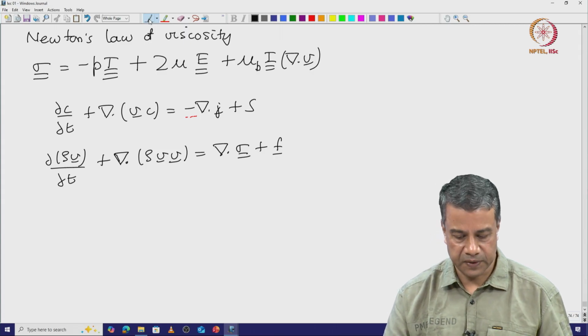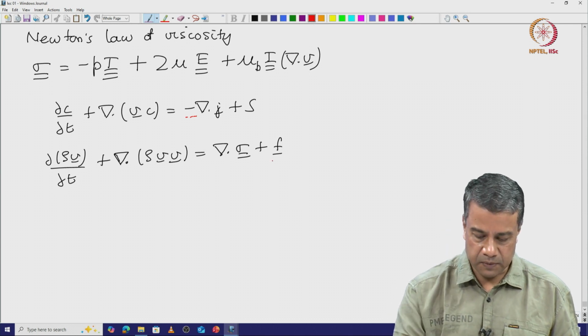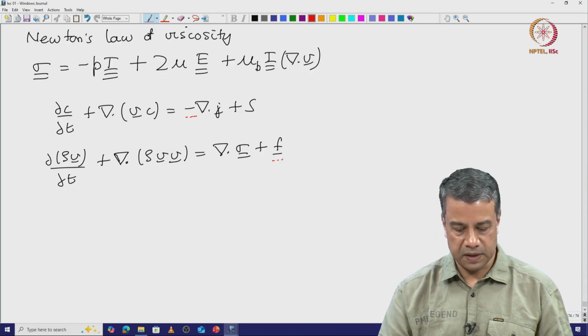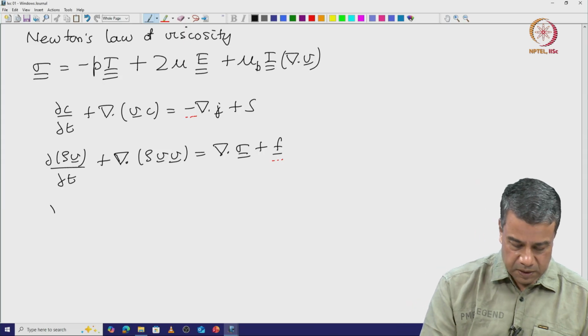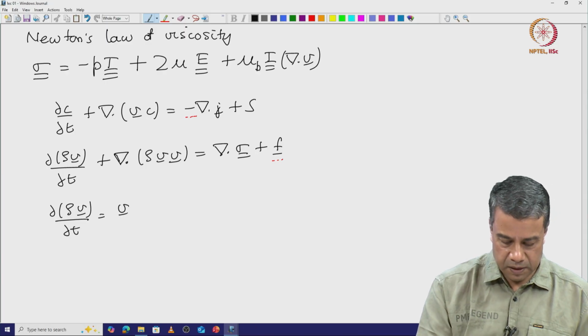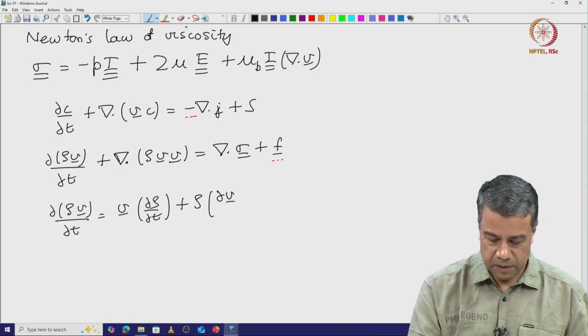There are three components of the force at the end, Fx, Fy and Fz, similarly for del dot sigma. The first term can be written as V into partial rho by partial t plus rho into partial V by partial t.